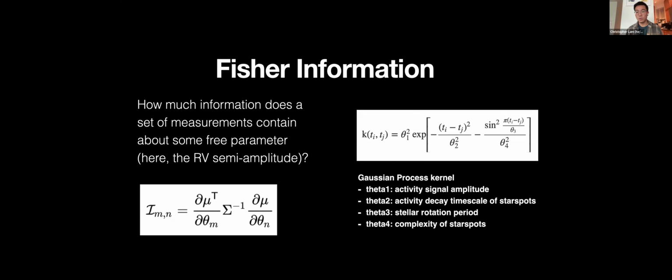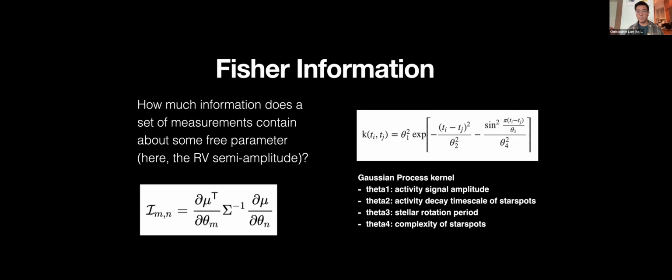We cook up that kernel with the following ingredients, these thetas, which are the activity signal amplitude, the activity decay time scale, and the stellar rotation period. And then there's also kind of a fudge attribute, the harmonic complexity of the star spot. But these are the ingredients.